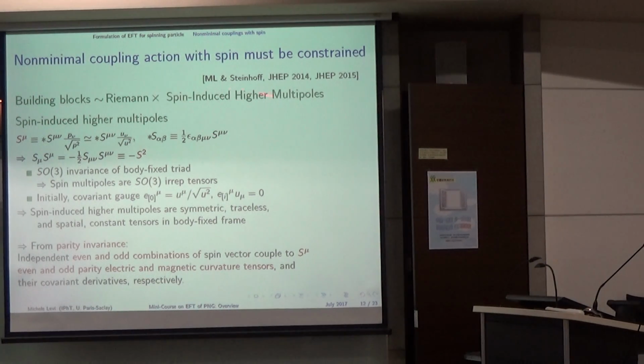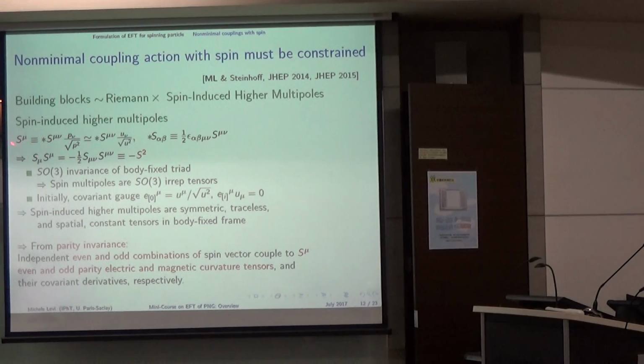One would be the spin-induced higher multipoles, which, after analysis, we conclude have a very simple form, and they are always contracted with some Riemann-dependent operator. It can be Riemann, and then we can add to it some covariant derivatives, but that would be the general structure that goes all the way.